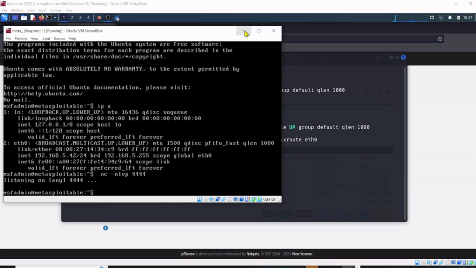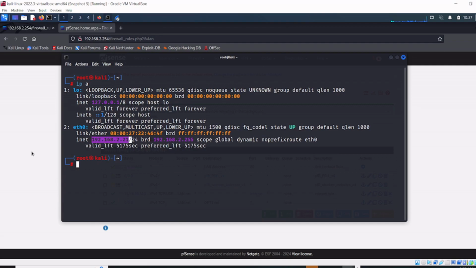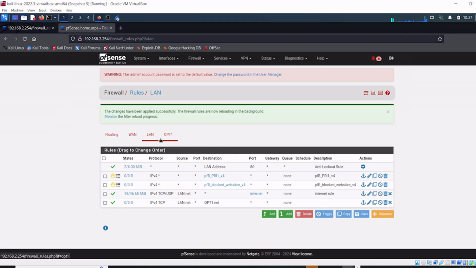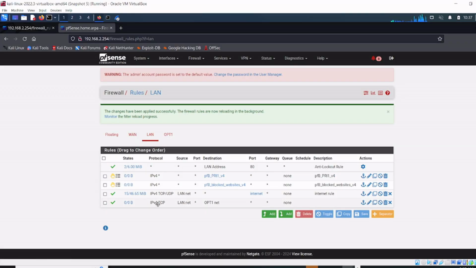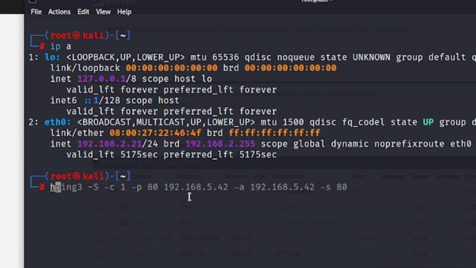Okay, so those are two different networks, but they're actually both routing through a pfSense machine. So the Kali is on the LAN side, and the Metasploitable is on the Opt1 network. And I've got a rule down here at the bottom that says all TCP traffic from the LAN side is able to make it to the Opt1 network.